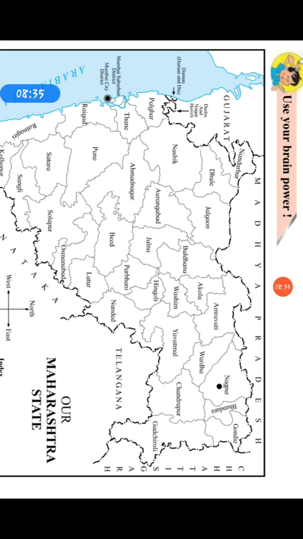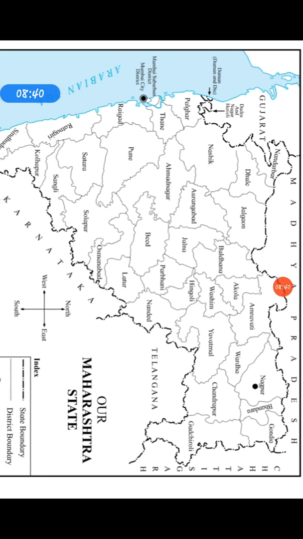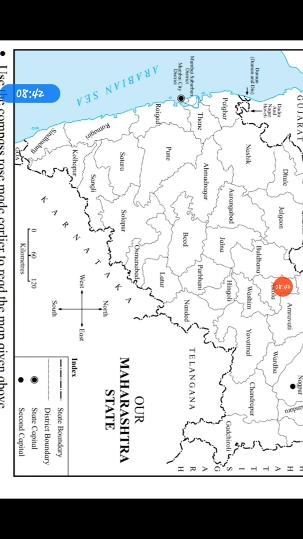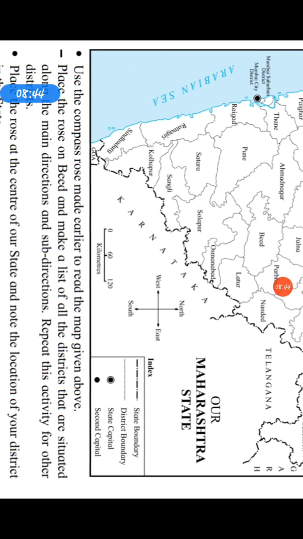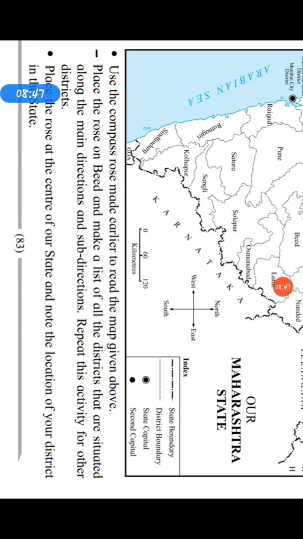Let's see this. This is the map of our Maharashtra state. See, there are so many districts in the Maharashtra state. Use the compass rose made earlier to read the map given above. First, see what a compass rose is. A compass rose is an instrument we use to navigate the directions.